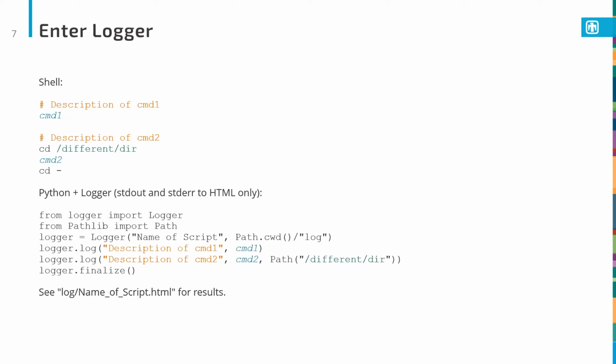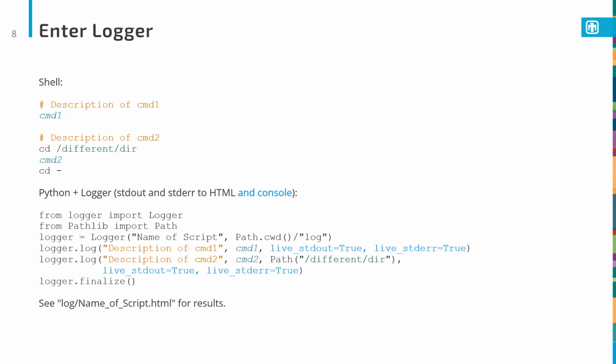Now, one thing to note is by default, Logger does not output standard out and standard error to the console as the commands are running, but you can change that by providing optional arguments live_stdout and live_stderr to the Logger's log method. Also, if you wanted to capture resource usage, you could provide the optional measure argument, providing it a set, which is some subset of CPU, memory, and disk, and that will appear in your HTML file.